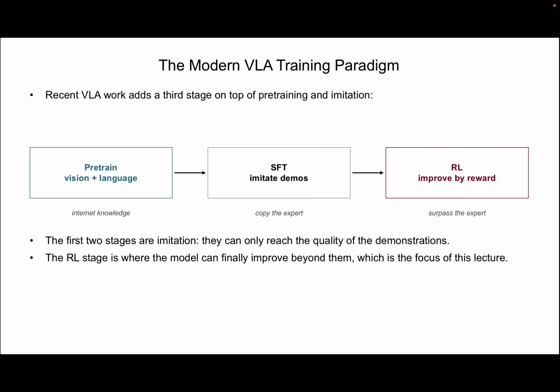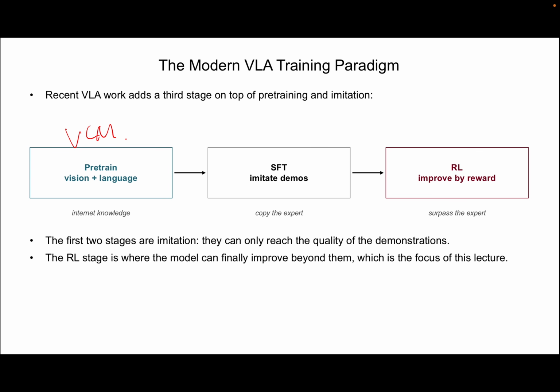And recent VLA works add RL as a third stage on top of pre-training and imitation. The first one is almost like a language model that I covered previously. Pre-trained with vision and language, this becomes a VLM. It gives us internet knowledge about the world, not about a specific robotics application, but about understanding what is happening from the observation.